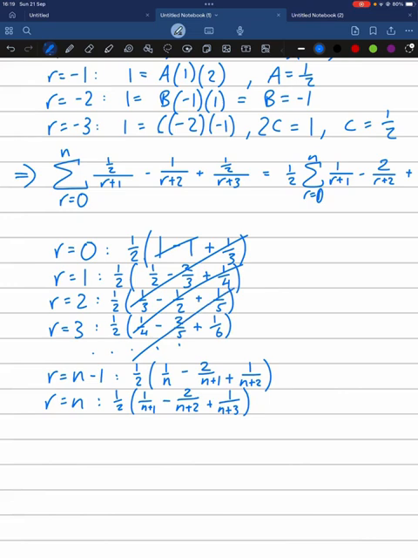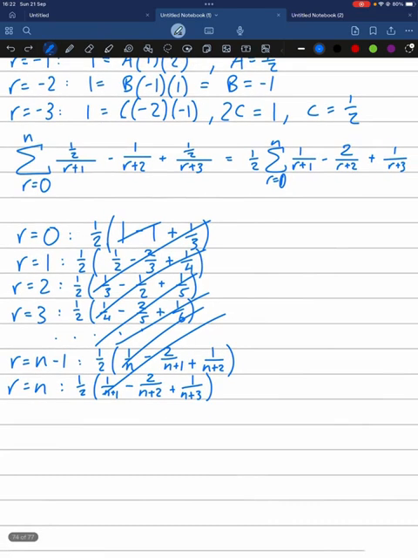This will cancel out here. This will cancel out. And because it's diagonal, this will end up cancelling out, and this will end up cancelling out. This will start to cancel out, but not entirely, so we're still left with that. So what we're left with is this half over here, and then this over here.